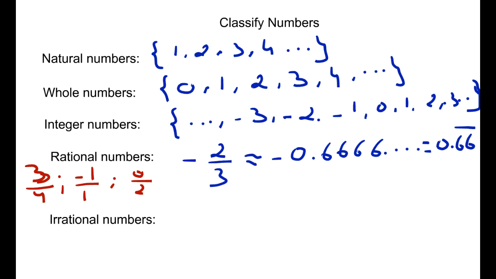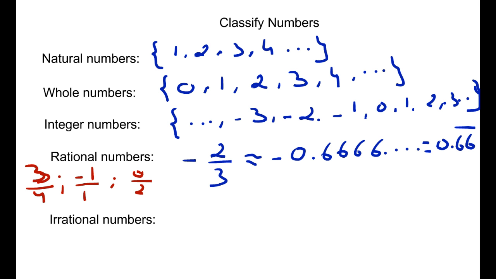Now we're going to see an irrational number, which is going to be different, where the numbers do not terminate and do not exhibit a pattern of repetition. For example, let's talk about the square root of 2.